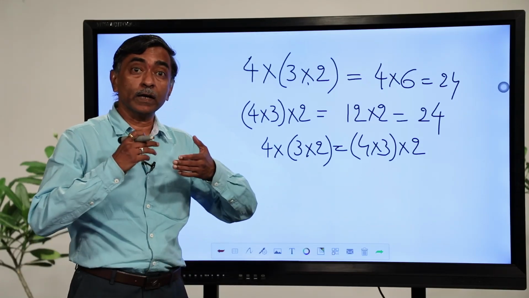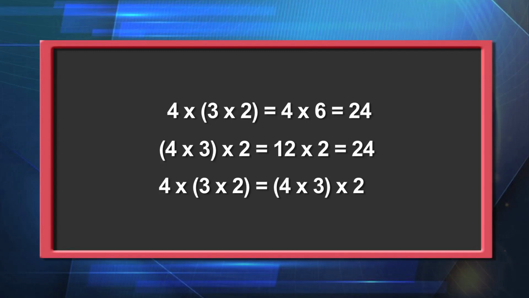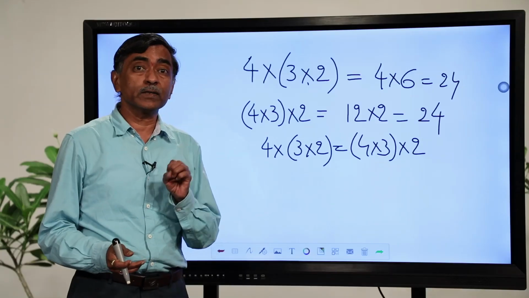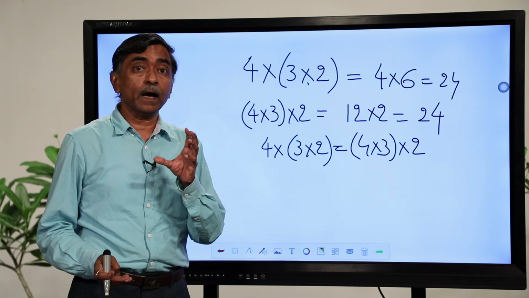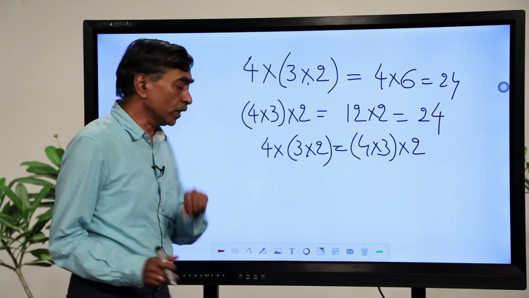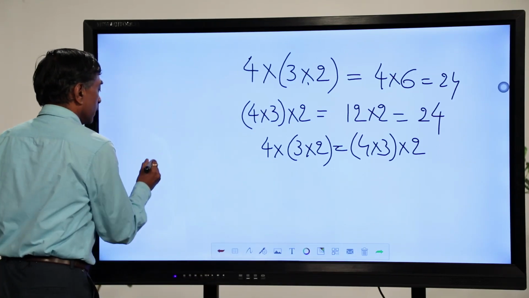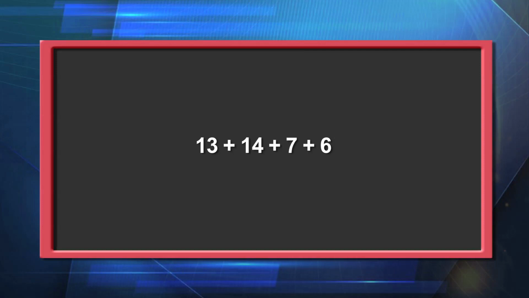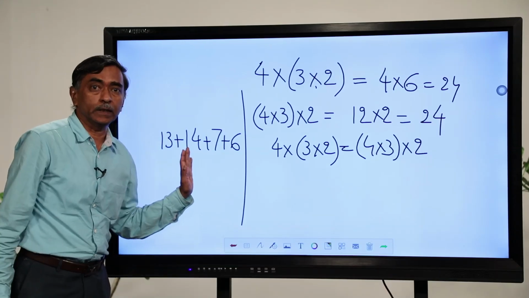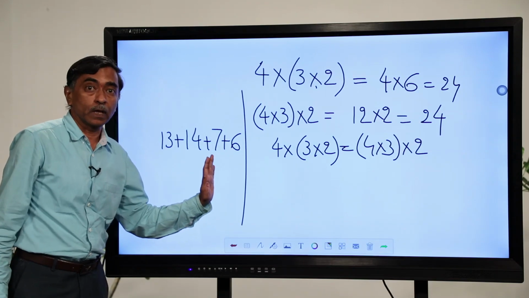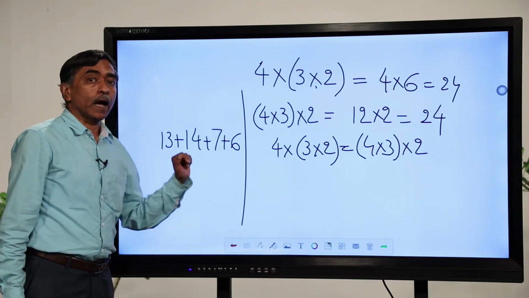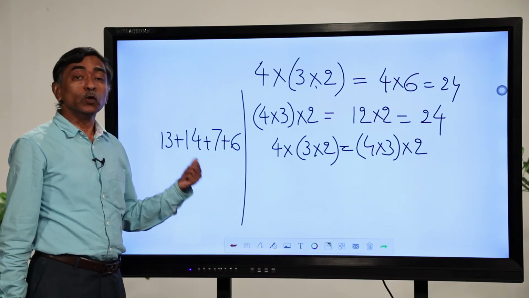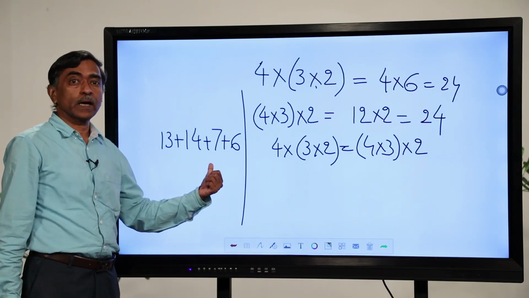These properties are important because they help us simplify many complicated arithmetic problems. For example, if you have a long chain of addition, subtraction or multiplication, you can quickly search for numbers that can be combined quickly. For example, if I have numbers like 13 plus 14 plus 7 plus 6, I have taken a comparatively smaller expression with only 4 terms, and you can find that I have the facility to add these numbers at will.